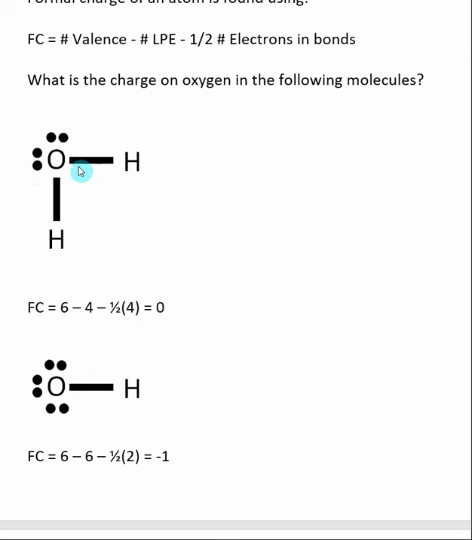So this oxygen has 2, 4 electrons as part of a bond, so we take 1/2 of 4. When we do the math, this individual oxygen is neutral. And this kind of makes sense if you think about it. Each one of these bonds is sharing electrons, so the electrons are part way between hydrogen and oxygen, so that's why there is a 1/2 in this part of the equation.